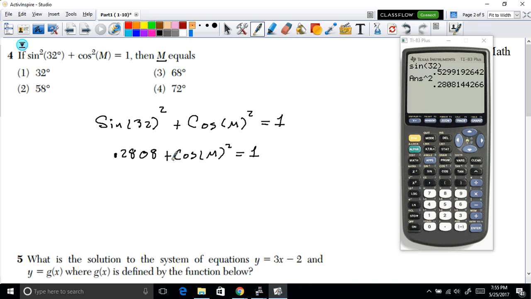So the first thing you want to do, make sure you get the cosine by itself. So in order to do that, let's subtract 0.2808 from both sides.